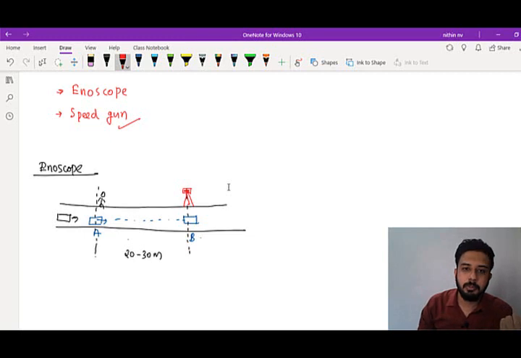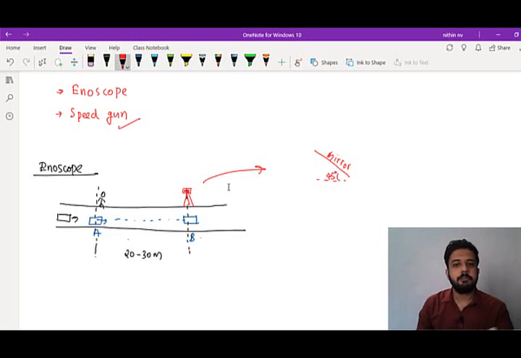The Enoscope instrument actually has a mirror kept at 45 degrees. If I am just magnifying it, so it has a mirror, which is kept at 45 degrees. If you keep a mirror at 45 degrees, what is the advantage? Whenever that vehicle is crossing, you will get the reflection wherever you are standing.